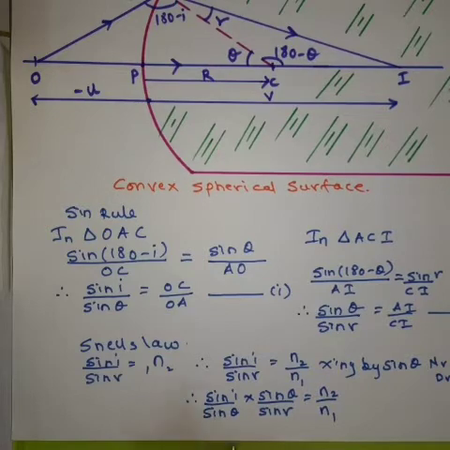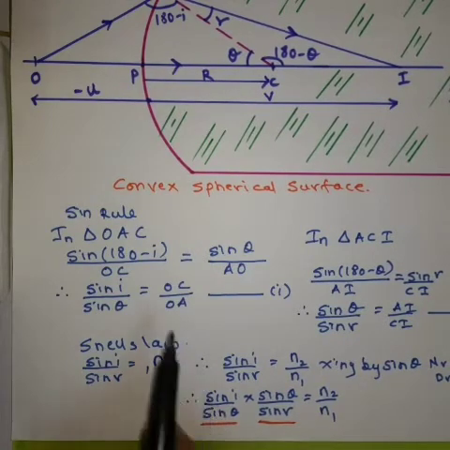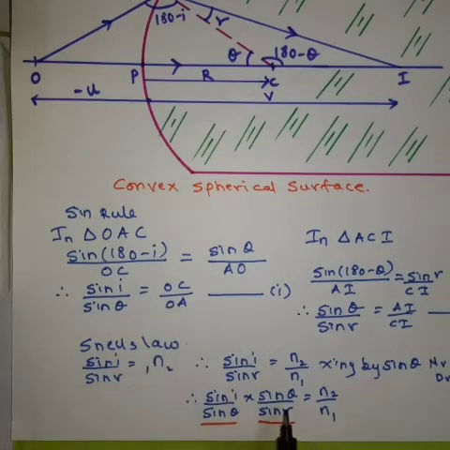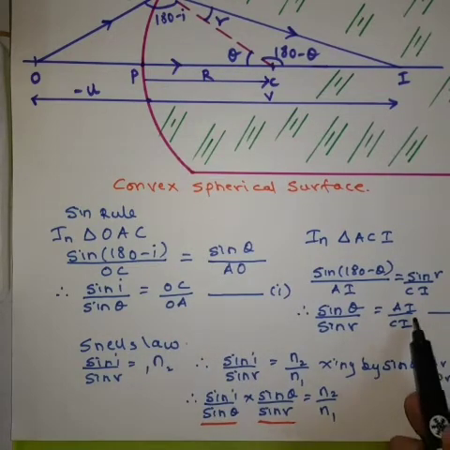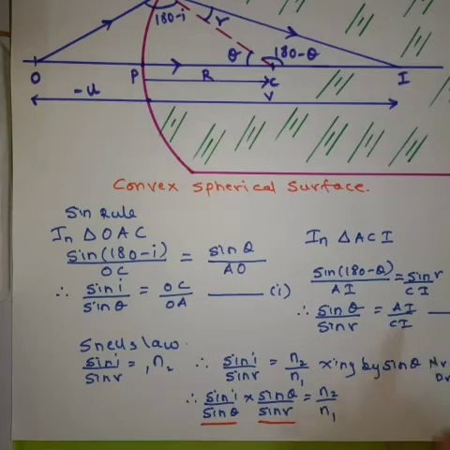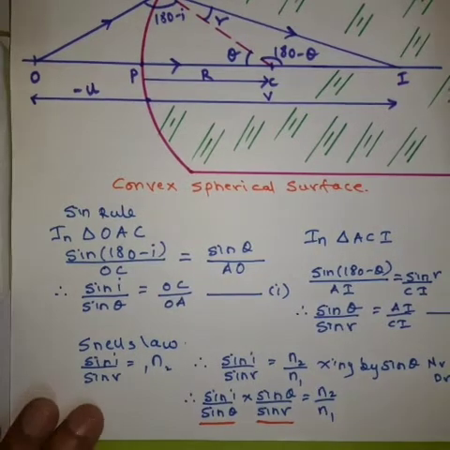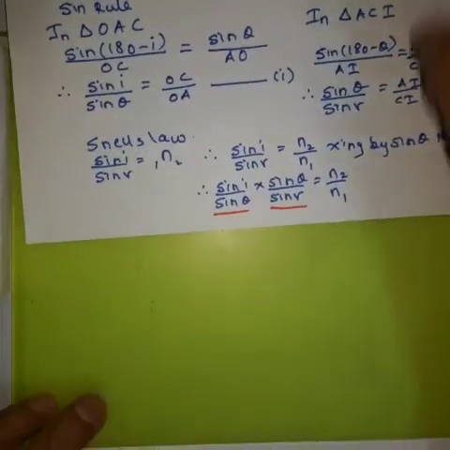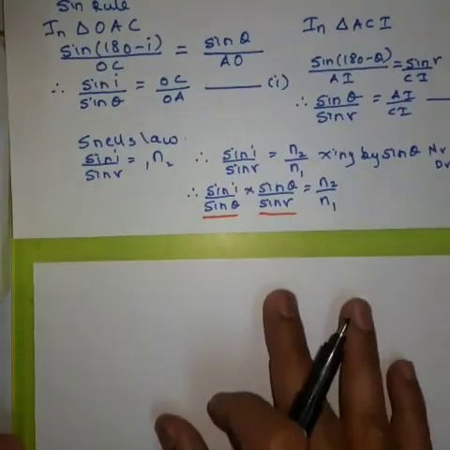If you look into this ratio, we already have the values of this ratio. Sine I by sine theta, we have a value over here which is having the object. Sine theta by sine R is having a relation of the image. So if I substitute these values, what will I get? The next part is nothing else but just the math.